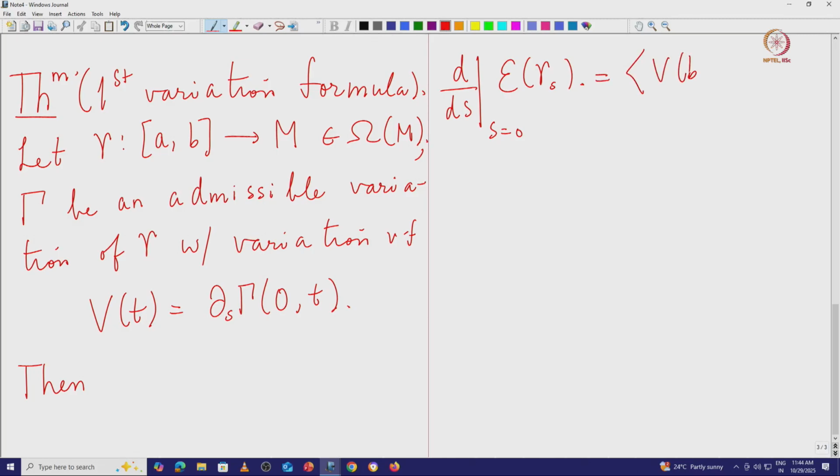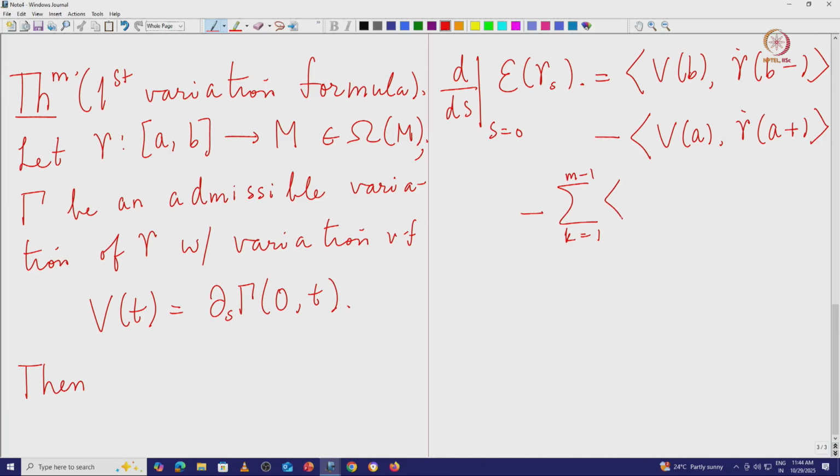So you have some terms coming from the boundary, right, and then you have some correction terms coming from the fact that your gamma is only piecewise smooth and not smooth. So you will have correction terms that look like this.